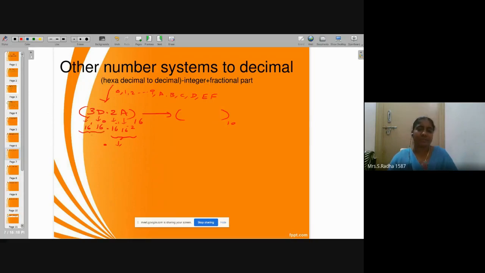D means 13, E is 14, and F is 15. Like that you add and bring the value here. This is the integer portion, here you will get the fractional part, and this full value will become the decimal equivalent for the hexadecimal. Integer and fractional together I have discussed.